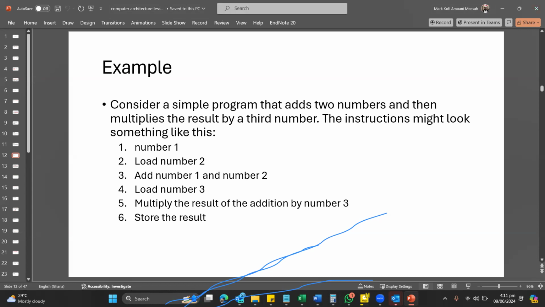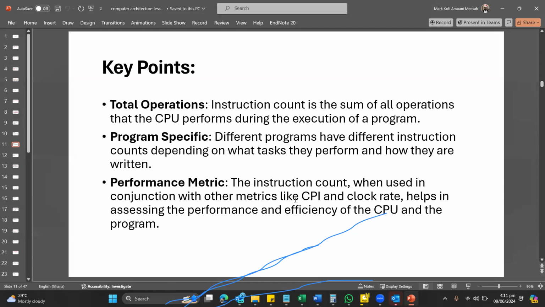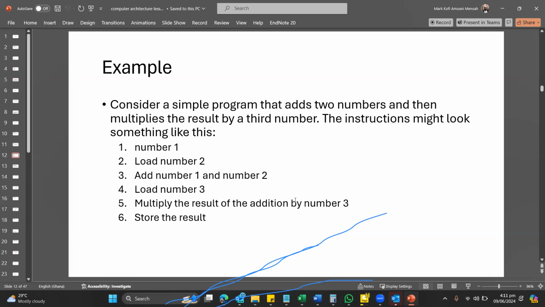So, is it the storing of the results? No, it is not. Is it the addition? No, it is not. Let's go back here. Instruction count is the sum total of all operations that the CPU performs during the execution of a program. Let's come back here. Which one of these is the instruction count?